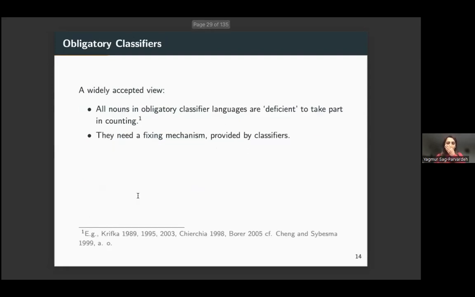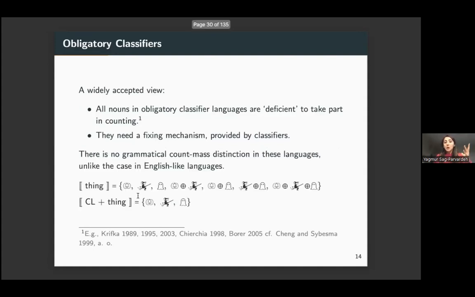Okay. So going back to obligatory classifier languages like Mandarin. A widely accepted view for these languages is that they don't have a count-mass distinction. They don't differentiate between singular or plural form of the noun. They are, in a sense, called deficient for the purposes of counting, so they do not allow counting with them.